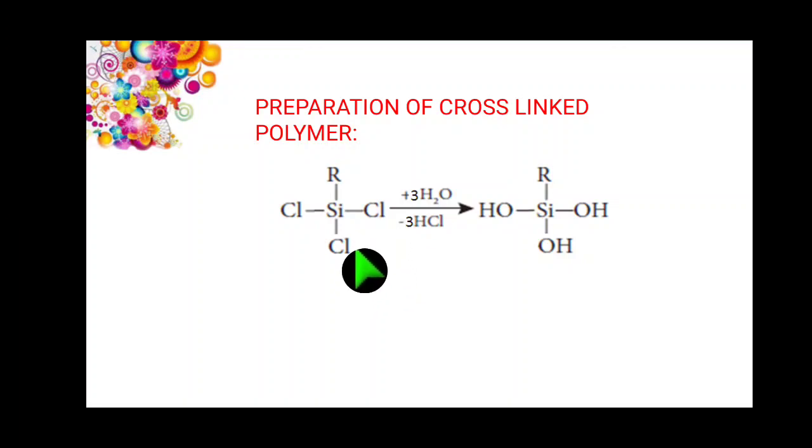Here 3 chlorines have to be removed, it undergoes hydrolysis. The 3 chlorines are replaced by OH, right? So 3 HCl is removed. Each hydrogen comes from water. In the place of Cl, OH is bonded with the silicon, right?